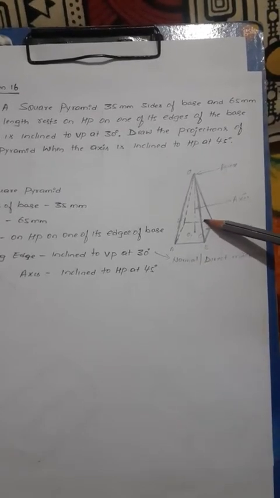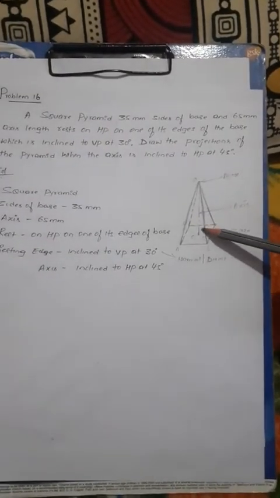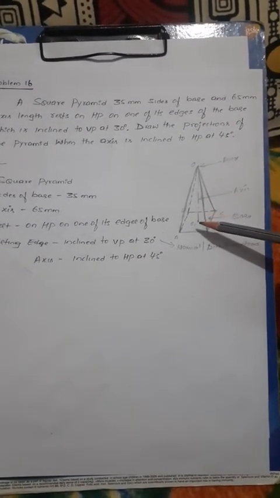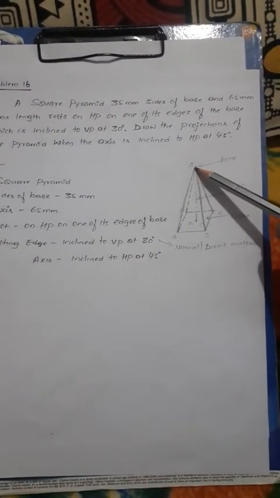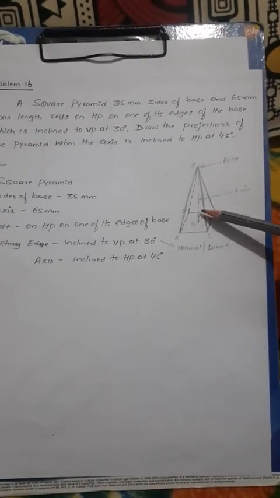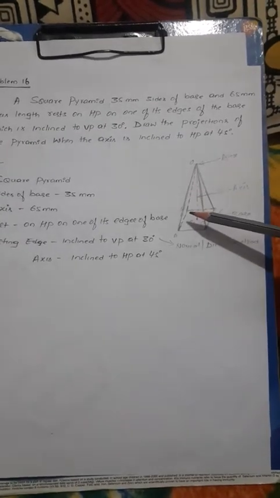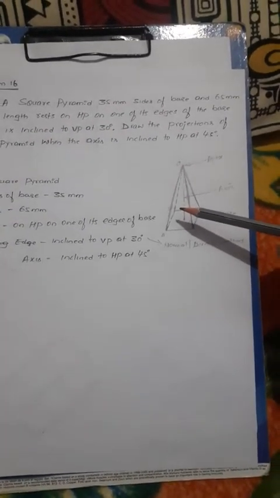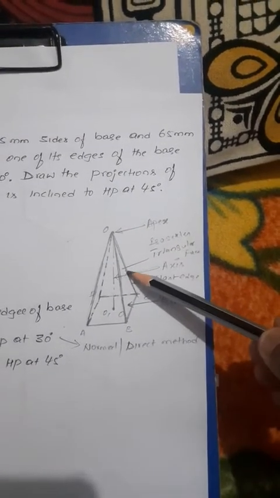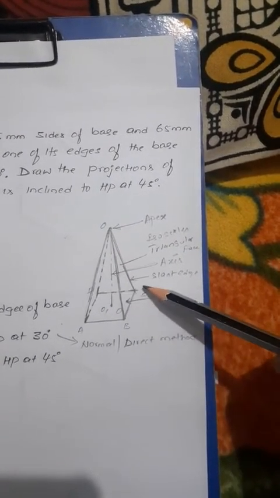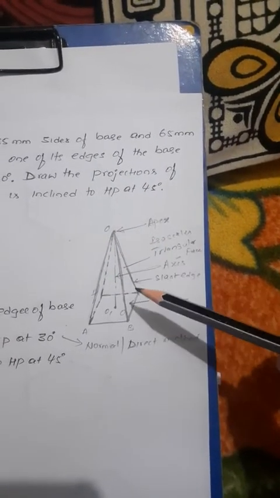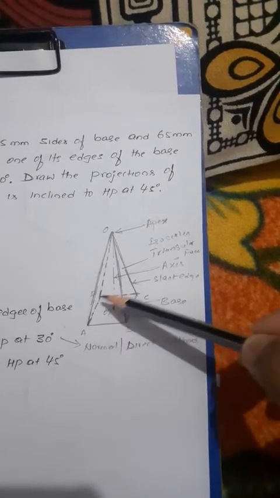Now what shape is it? The base is a square shape, that's why it is called a square pyramid. Now what do you get when you join the apex to the corners of the base? You get triangular faces, isosceles triangular faces, right? The corners of the base are ABCD.